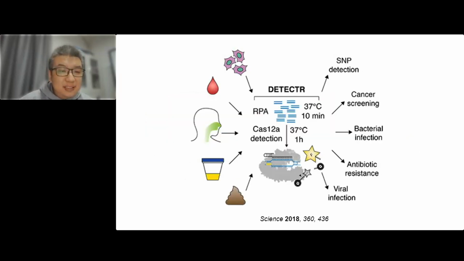Let's take Cas12a as an example, which is the core of the DETECTR diagnostic platform. It has helicase activity, so it can directly recognize a specific double-strand DNA, such as amplicons of PCR, LAMP, or RPA, without the need to convert it to single-strand DNA.